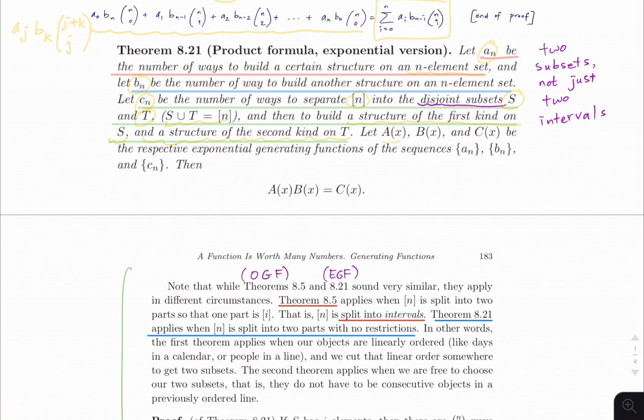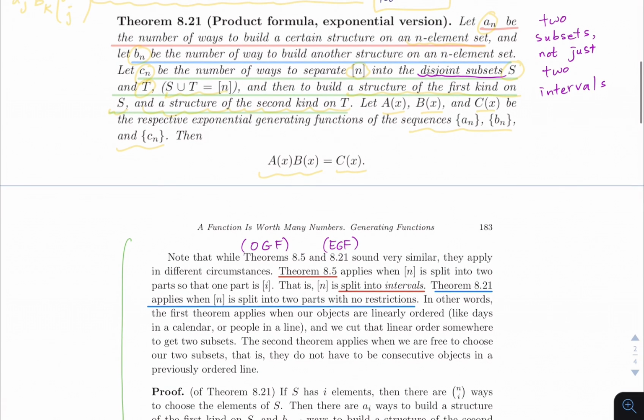And let capital A, B, C be the exponential generating functions for the three sequences. The product formula says that all you have to do is multiply A and B to get C. The difference between this product formula and the one for the ordinary generating function is that now you can separate the set 1 through n into two subsets, not just two intervals like before.